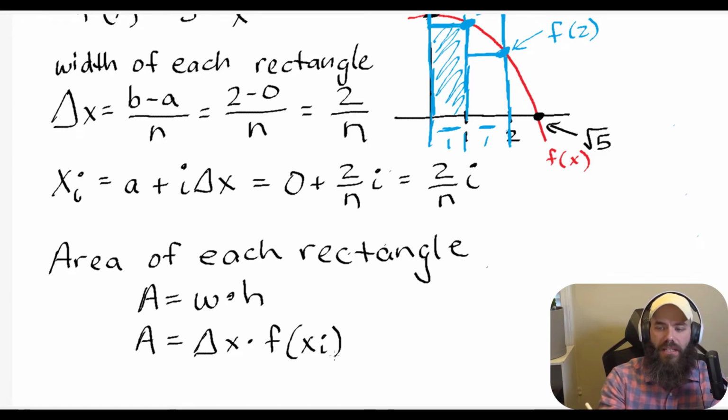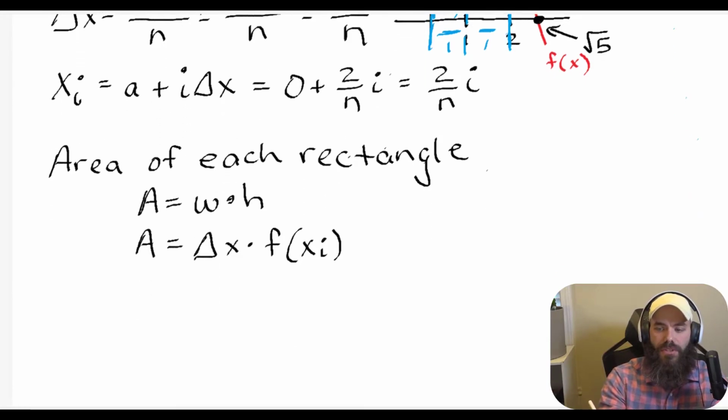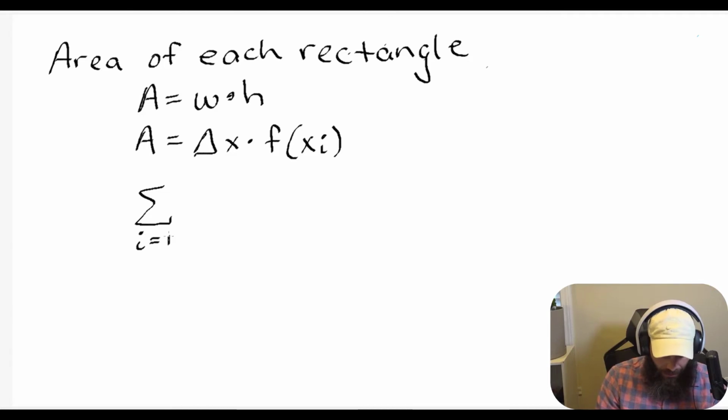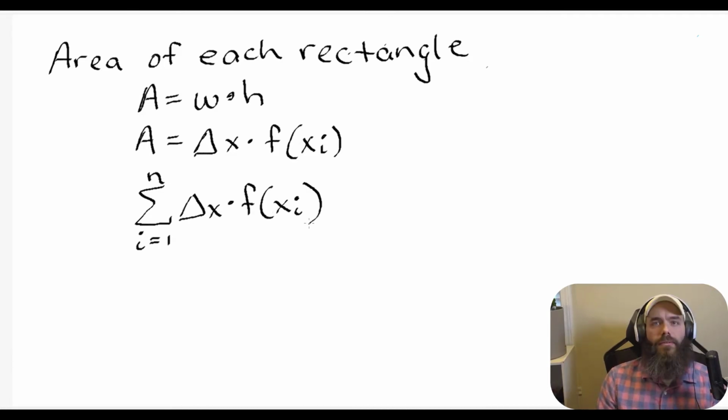Now the idea is we're stacking these rectangles on top of each other and adding their areas together. So what does that look like? That looks like this. There we go.